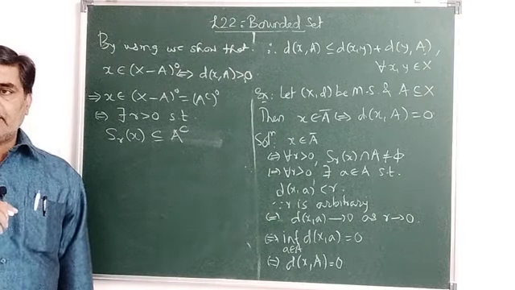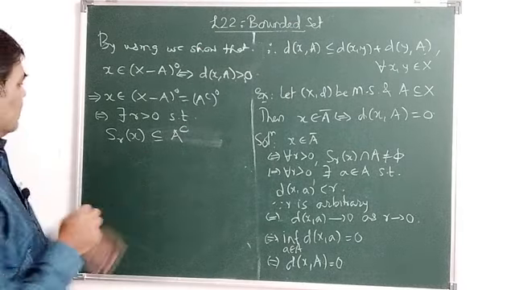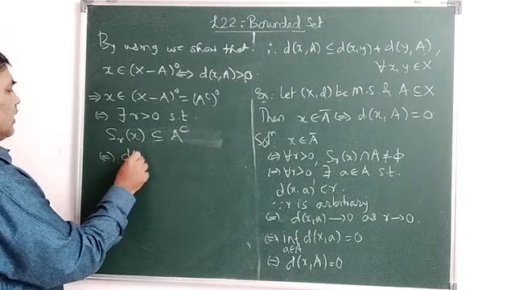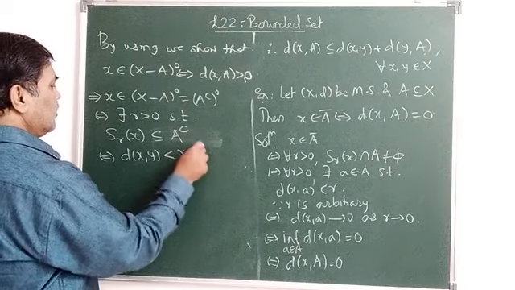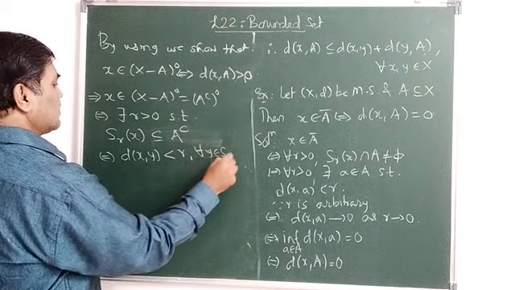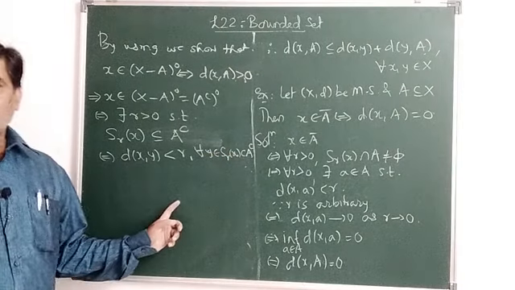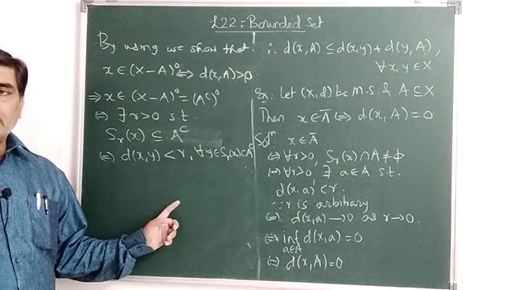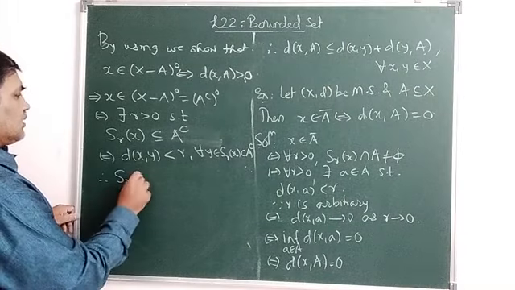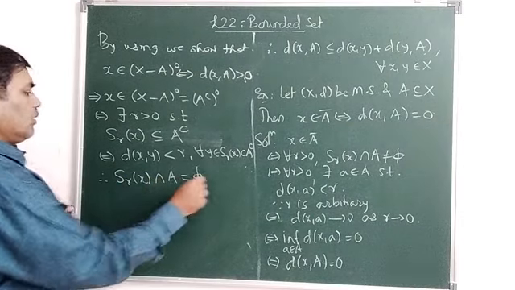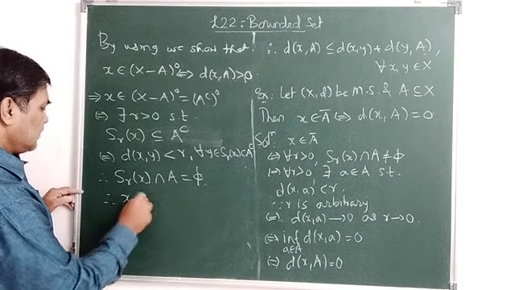As this lies there, it means d of xy is less than r for every y belonging to S_r(x) contained in A complement, and therefore S_r(x) intersection A is equal to phi, and therefore x doesn't belong to A closure.